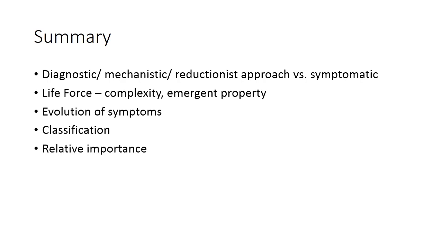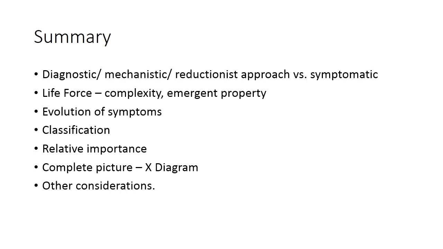And then we saw the relative importance of the symptoms between generals and particulars, between sensations and modalities, and the importance of concomitants. Then we saw how we can build a complete picture by carefully noting down these symptoms and distributing them in each of the 4 quadrants of the X diagram. Also, we saw what are the other considerations such as polypharmacy and excessive drugging by allopathic drugs, which can create their own symptoms or suppress some natural symptoms that the patient would have presented otherwise.